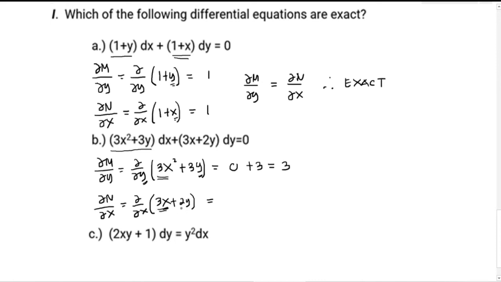The derivative of 3x is 3 and the derivative of 2y is 0. And the partial derivative of N with respect to x is also 3. As shown again, the partial derivative of M with respect to y is equal to the partial derivative of N with respect to x. Therefore, this is exact.